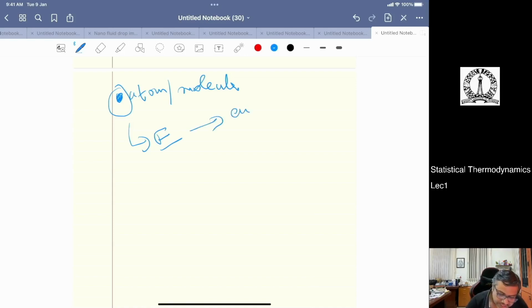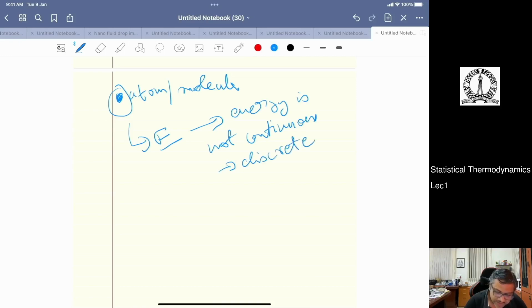So the energy E is not continuous, and essentially it is discrete in nature. That is the very basic tenet of quantum mechanics.